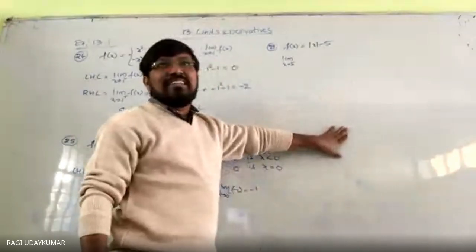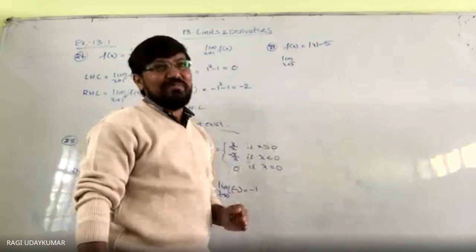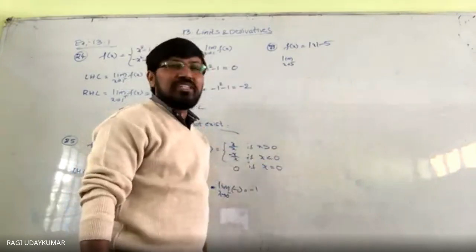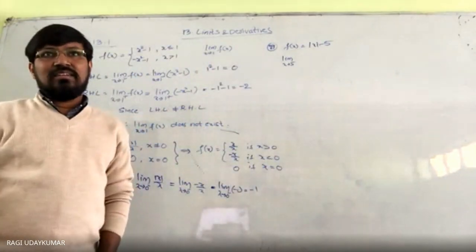See here, please try to observe properly, and it is asking you to find the limit as x tends to 5. They can give this question with a little change. Normally if I give the question paper, I'll change it a little bit. First, can you tell me what its solution is?